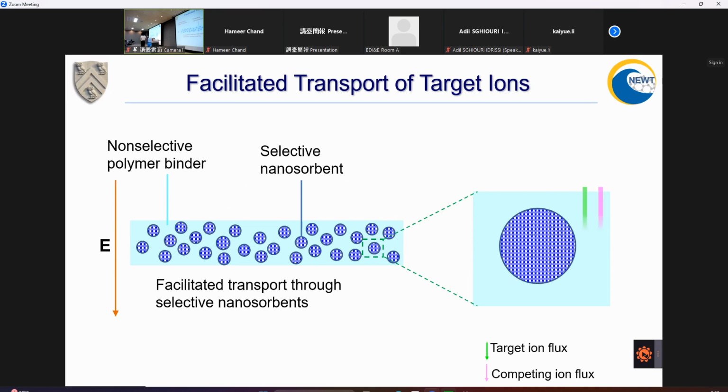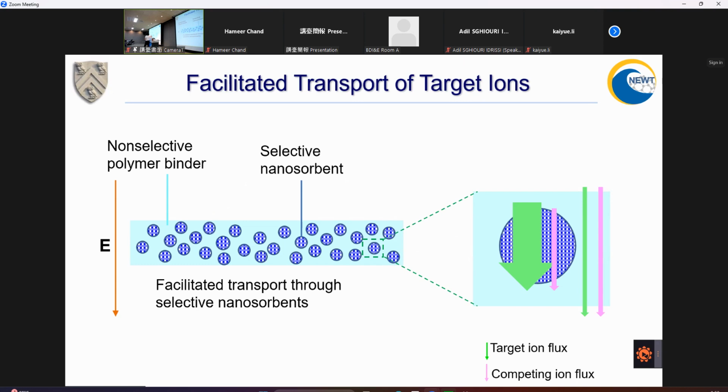We're hoping that the ions will be transporting through the thin film, and that the target ion will primarily transport through these nanosorbents because the nanosorbents are selective towards the target, and you will have higher flux for your target ion compared to the competing ion. But you will notice that if your substrate is not chosen properly, the competing ions are also going to transport through the substrate as well.